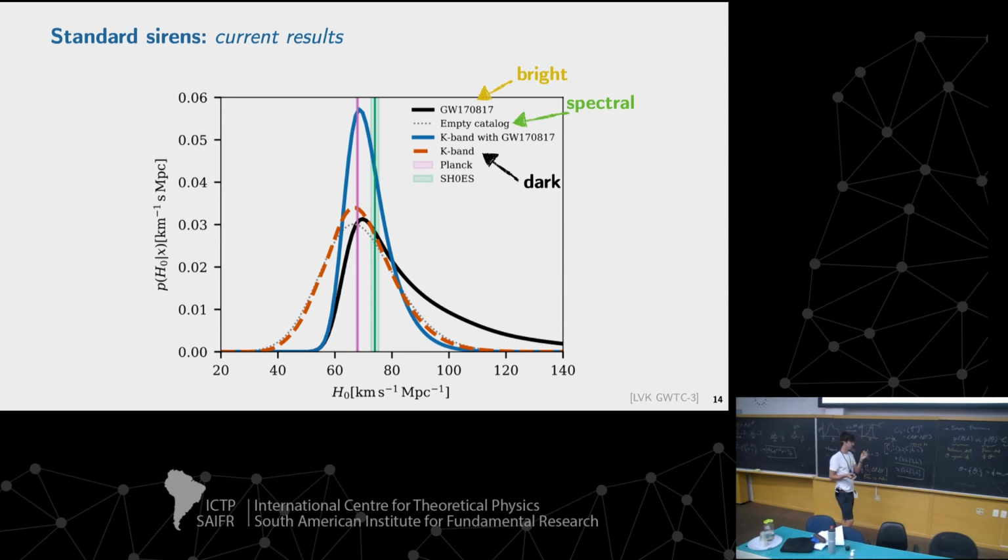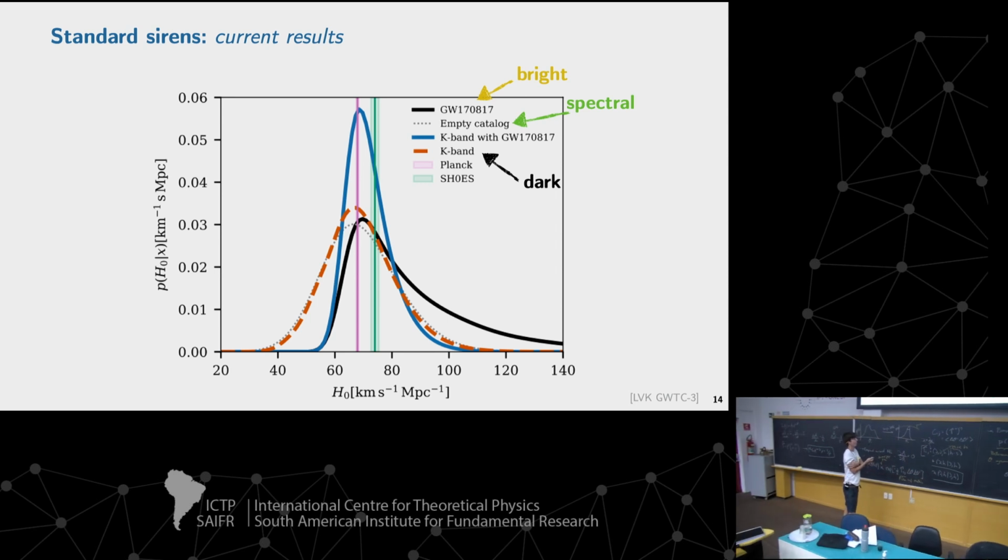And that comes from the fact that implicitly most of the information of the dark siren method is coming from the fact that this plot was fixing the mass spectrum. So most of the information is actually from the population inference.